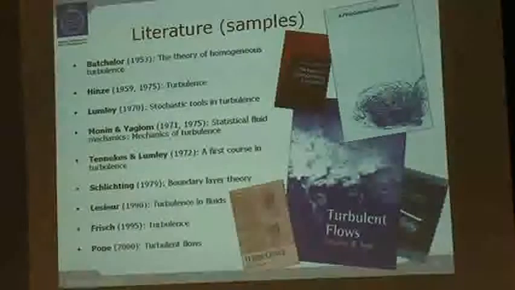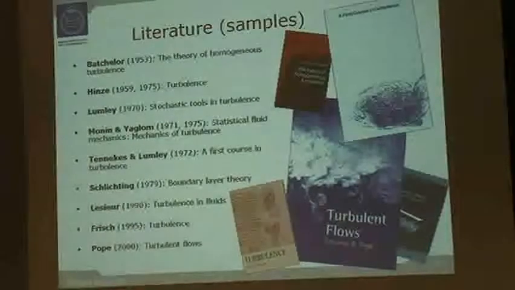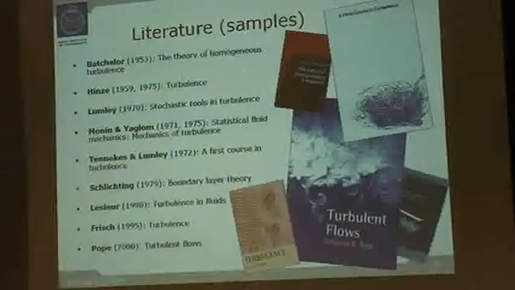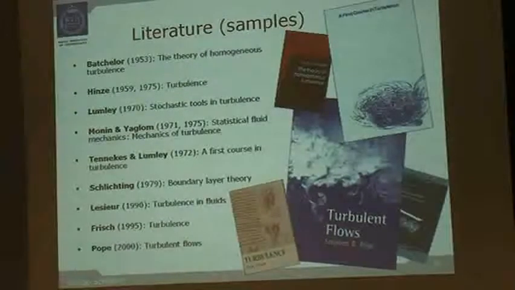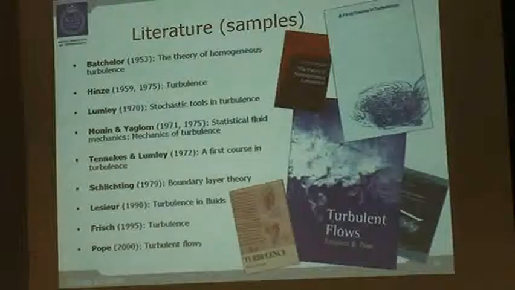Now, when we look a little bit at the literature, of course there have been many books about turbulence. I just list here a few of the ones that have had, in my opinion, the greatest impact.